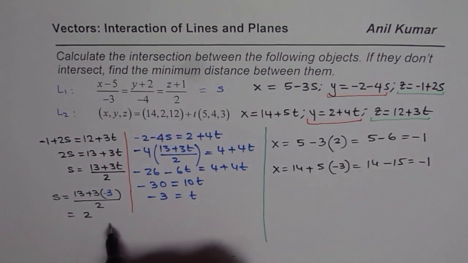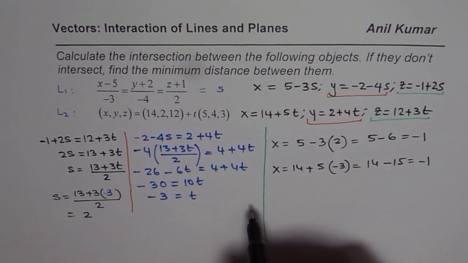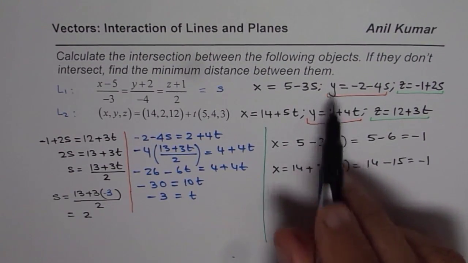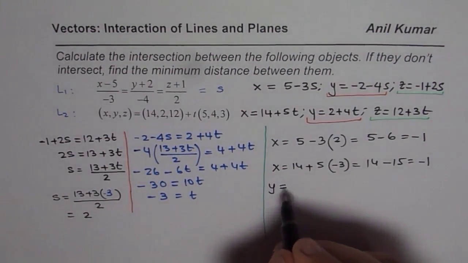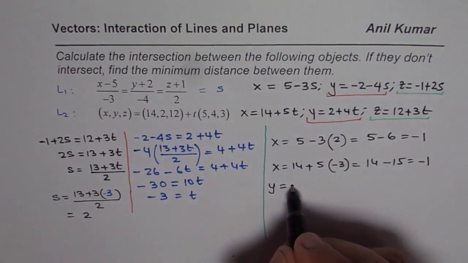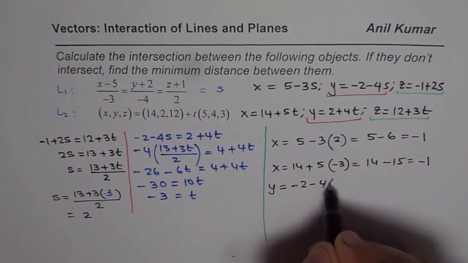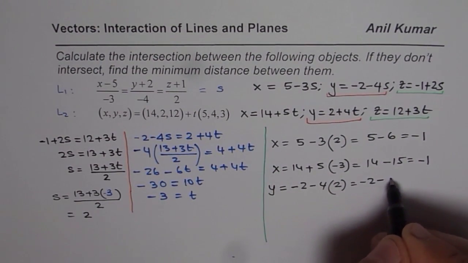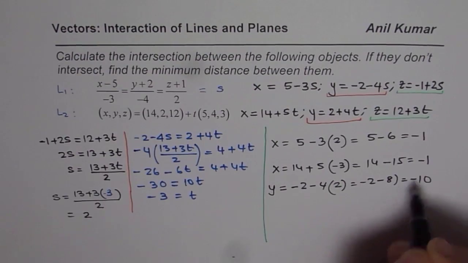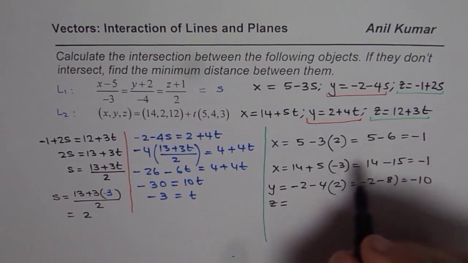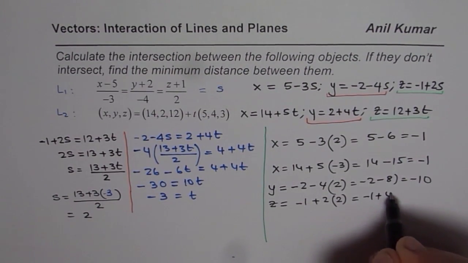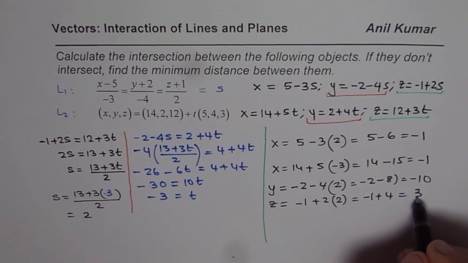And now we can write down the point of intersection. The x value is minus 1, the y value is, using any one of those equations, minus 2 minus 4 times s, which is 2, so it is minus 2 minus 8, which is minus 10, and z is equals to minus 1 plus 2 times s, which is 2, so it is minus 1 plus 4, or 3.